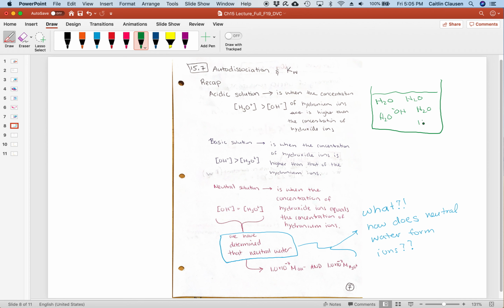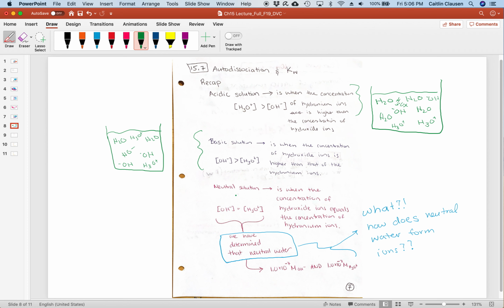We got some OH and some H3O plus, but we have more H3O plus than OH for it to be considered acidic. For a basic solution, we have more OH than H3O plus concentration.